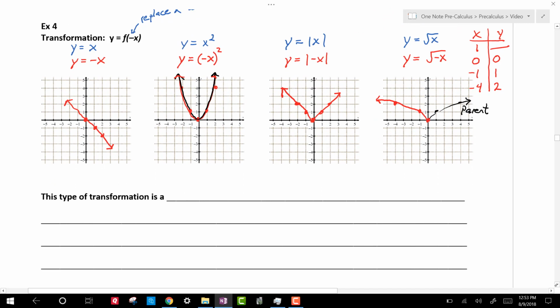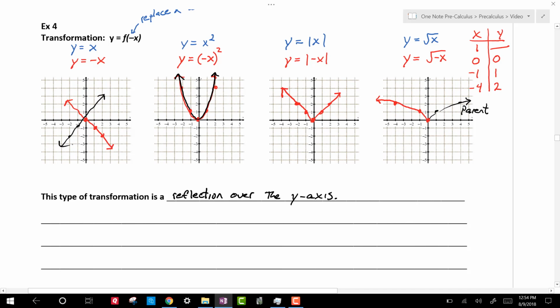But this type of transformation is a reflection again. It is a reflection over the y-axis. All right? So sometimes you can have a reflection where the graphs look the same, and sometimes you can have a reflection where it does look like a different graph. Kind of like our linear equation. It's the same thing. It's a reflection over the y-axis. If you reflected these points back, you would end up with the parent function again, just like this.